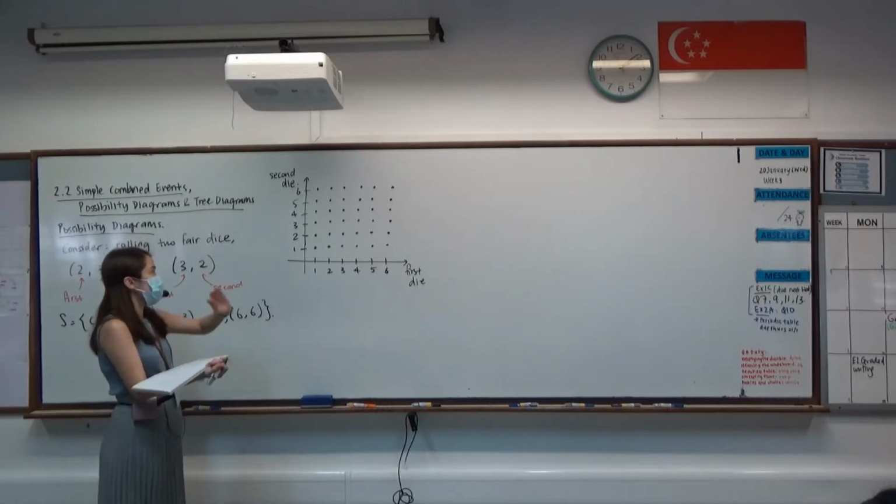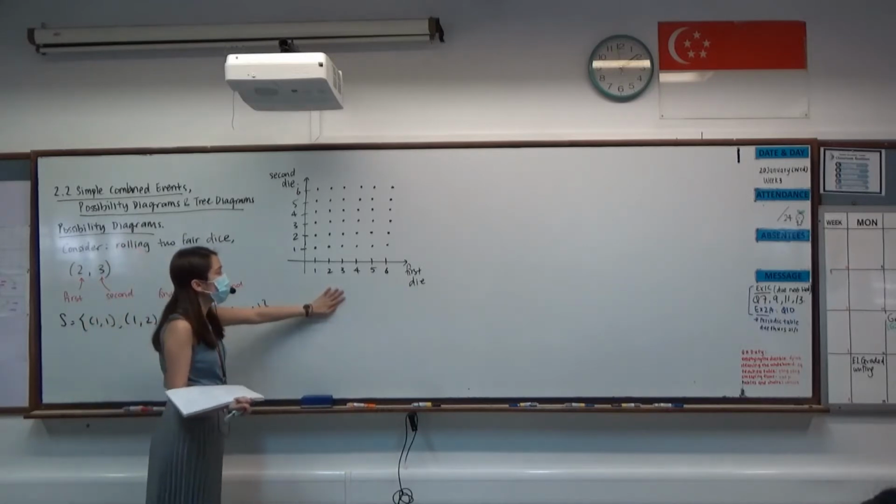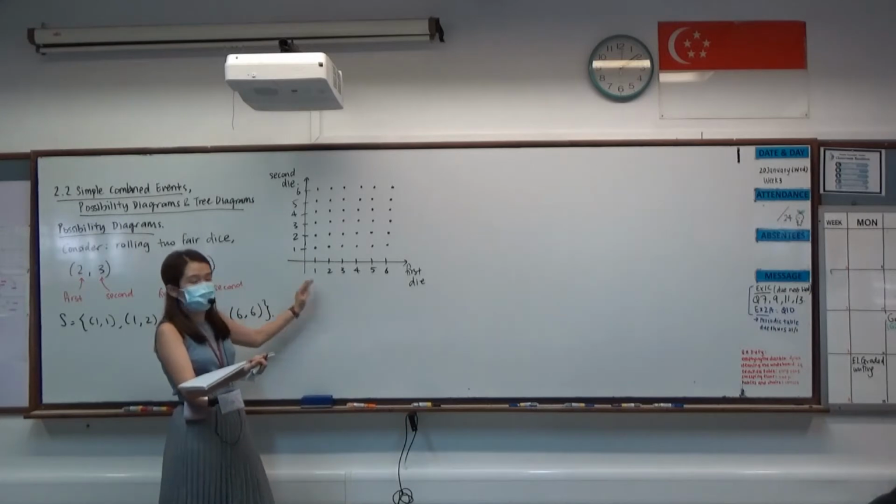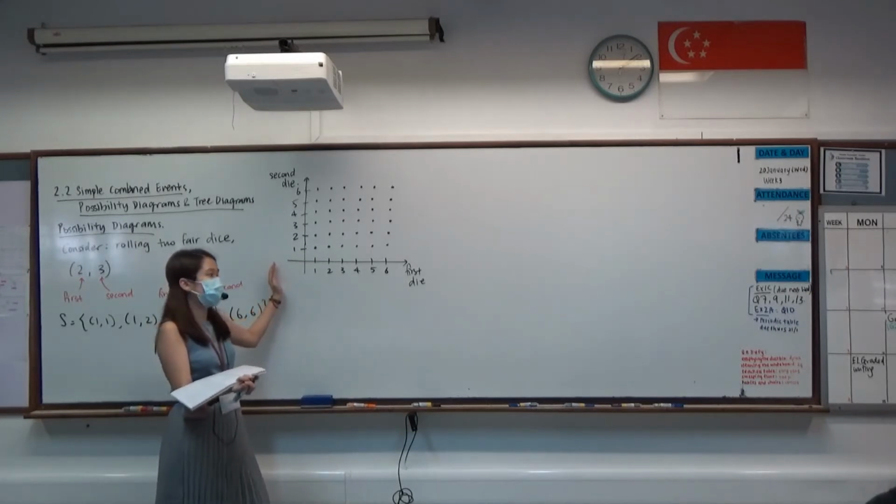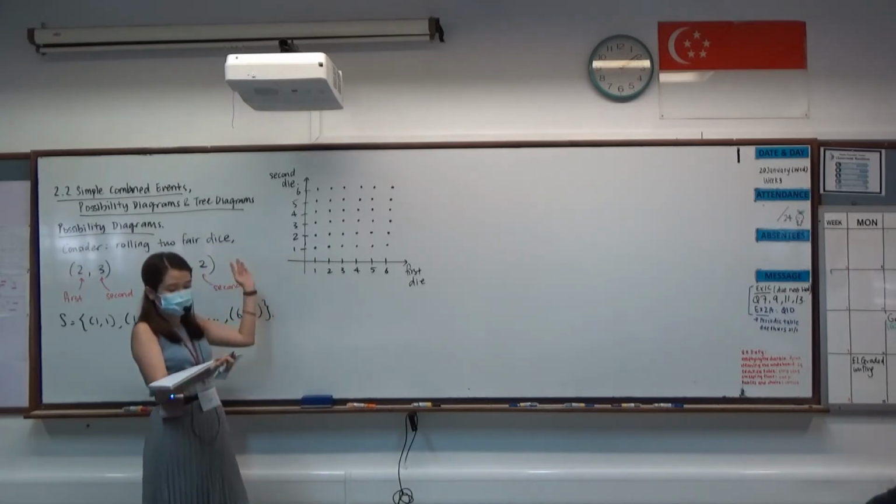We use a possibility diagram when there are two different components to the outcomes that we are looking at. In this case, we have the first die and the second die.